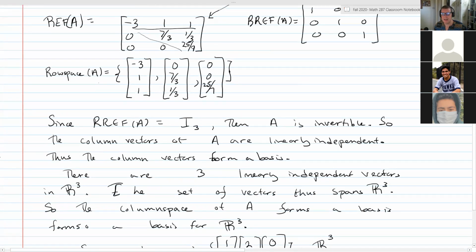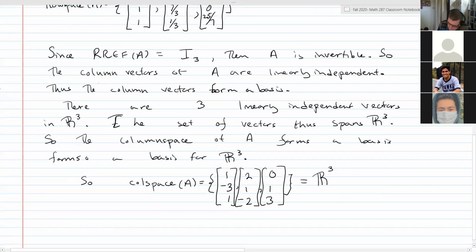Look at the row space up there. In this case, a basis made up of 3 vectors in R3. Are they going to be R3? Is the row space of A equal to R3?